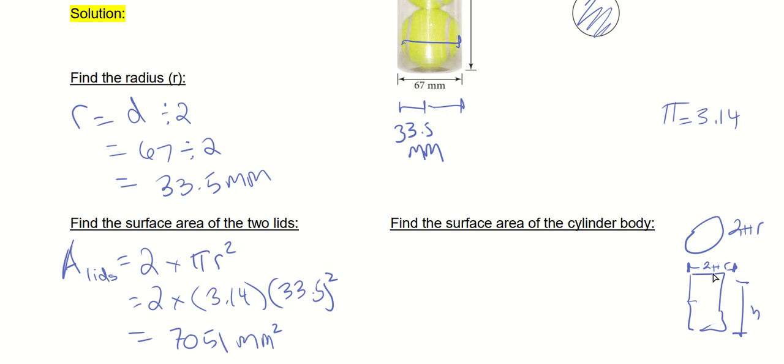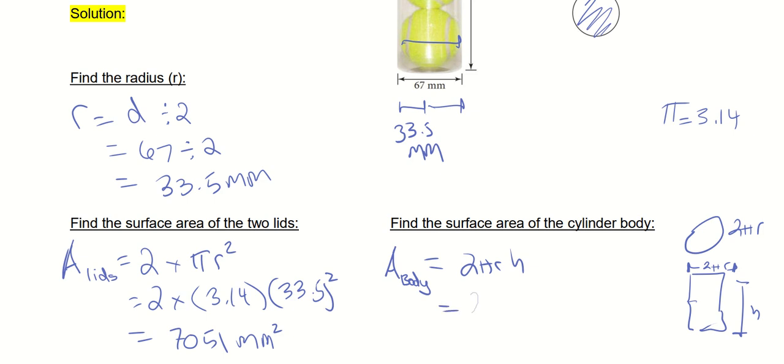So the width here is 2 pi r, and here's h. So it's the same formula as you see above. So I'm going to write the formula down. I'm going to say body, subscript for body. So the area for the body equals 2 pi r, that's this first part here, multiplied by h.